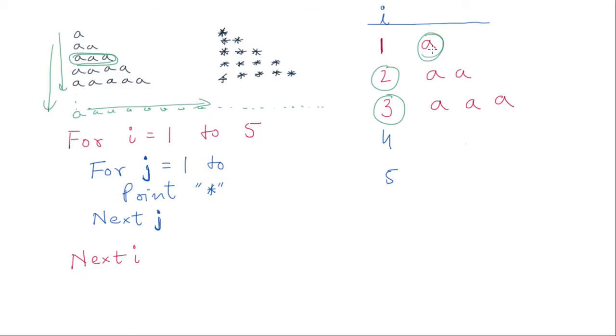It will be, in each loop, printing 3 times the asterisk, right? So in the first loop, J has to be going till 1. When I is 1, J has to go from where to where? J has to go from 1 to 1. When I is 2, J has to go from 1 to 2. When I is 3, J has to go 3 times, right? 1, 2, 3.